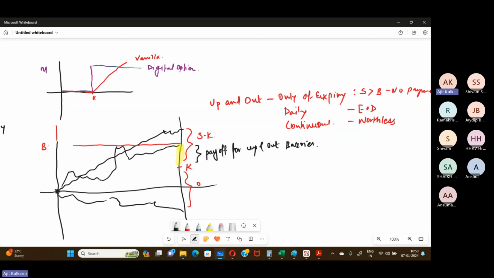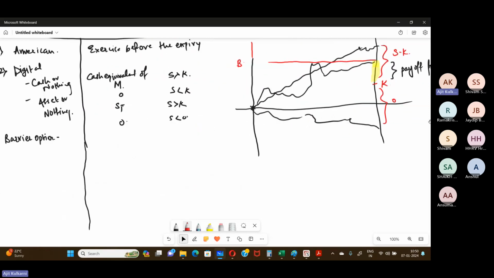Similarly, up and in means payoff is made only if the barrier is crossed. If it is not crossed, then no payoff is made. So all the combinations are there: up and in, up and out, down and in, down and out, for call and put.